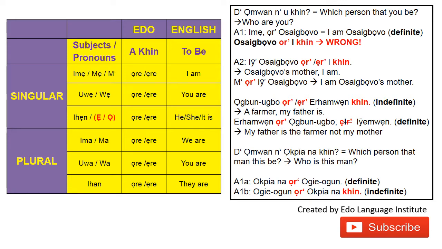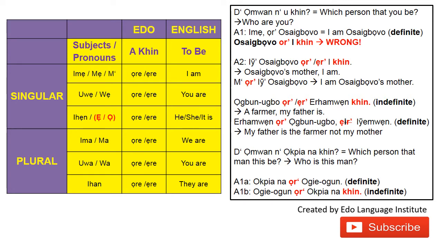Ogbungbo oeramehin. So Ogbungbo is the word for farmer. So ogbungbo oeramehin, it's indefinite. So a farmer, my father is. The thing is, in Edo language, there are no articles like you have in English, a or the.